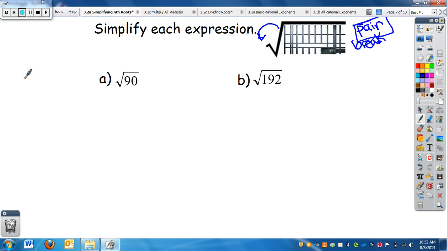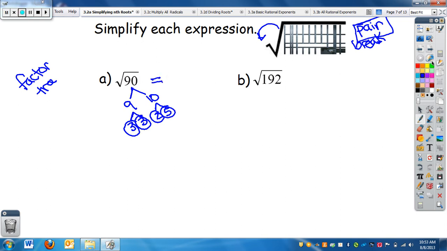So to use this, we're going to do factor trees. And hopefully you're familiar. With a factor tree you ask, what times what is 90? Well, that's 9 and 10. And then 9 is 3 and 3. 10 is 2 and 5. You go until you have prime numbers. Well, 3 is prime, so I circle them, and 2 and 5 are also prime.